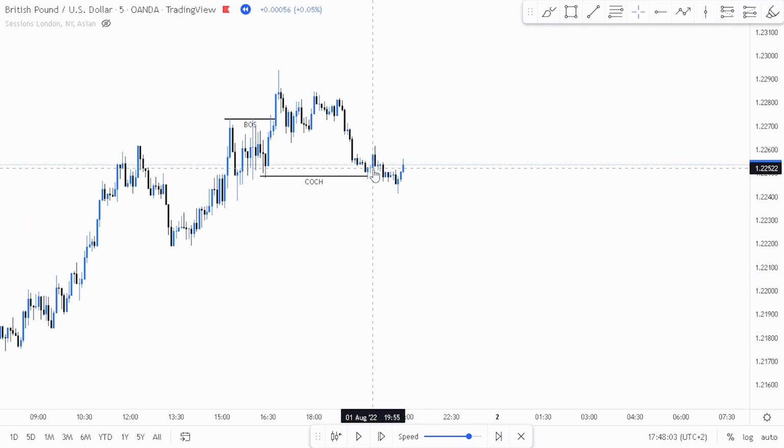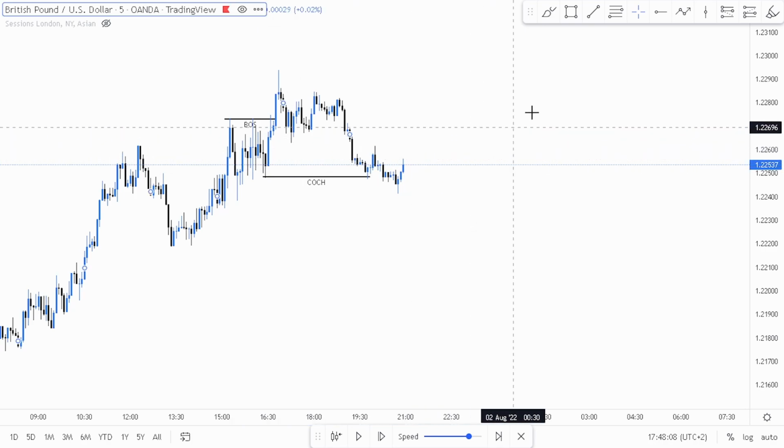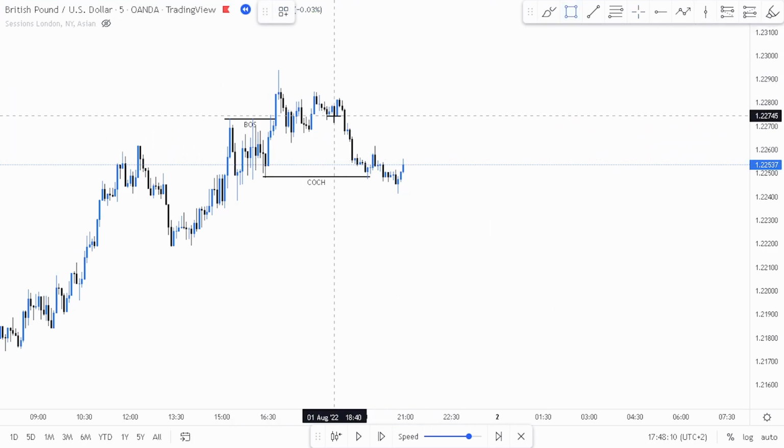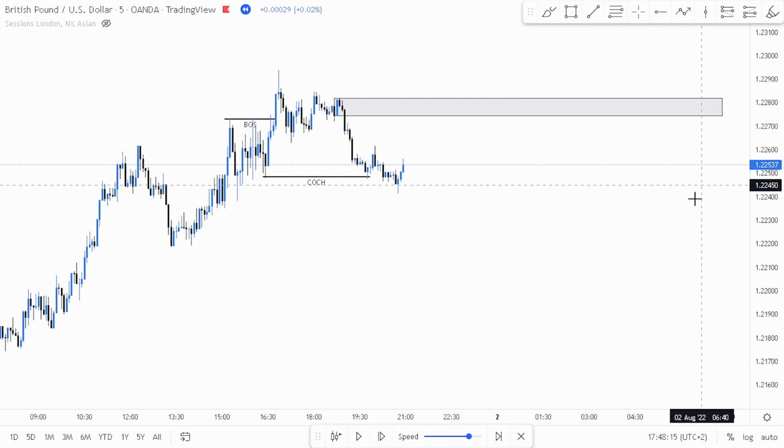Okay, so now clearly price has given us the change of character, and what we do now is mark out that level of supply that gave us the change of character.